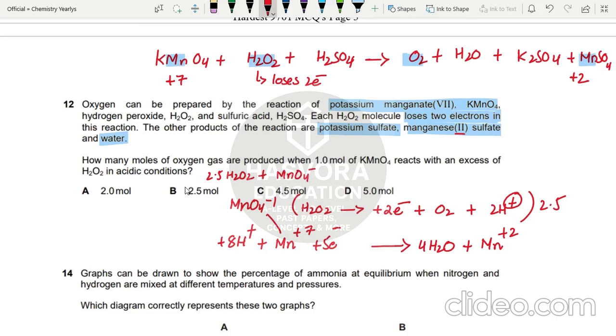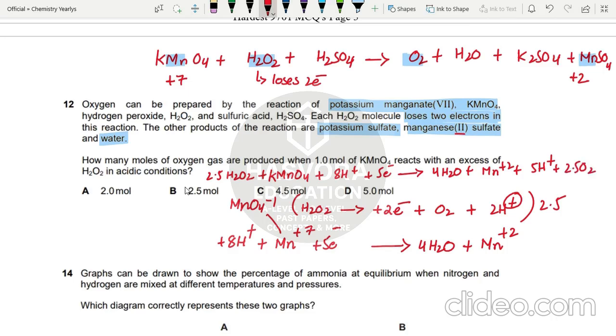Okay, let me write KMnO4. Then we have the 8 plus hydrogen, then we have the plus 5 electrons. Then we have this 4H2O, and then plus the manganese plus 2, and then we have the 2.5 into 2 is 5 hydrogen atoms, and plus 2.5 of oxygen.